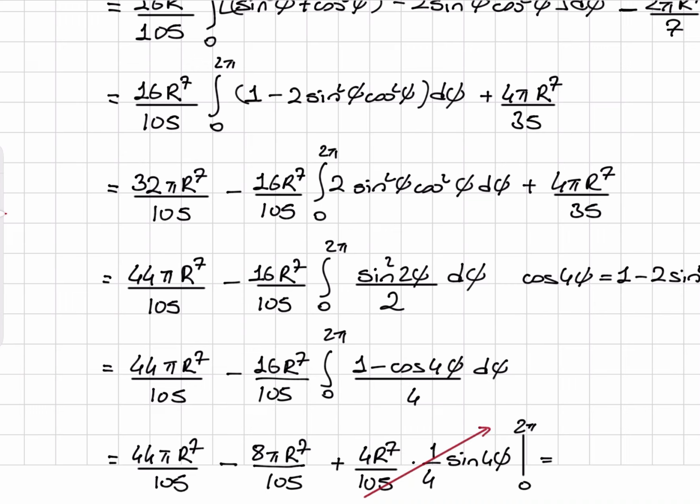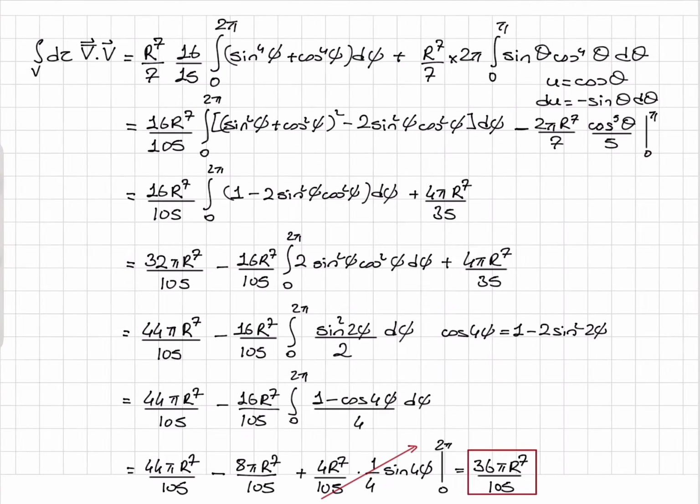It will be 0. Therefore, I will find 44 minus 8, which is 36 pi R to 7 divided by 105. Which is our final answer for this part of the question.